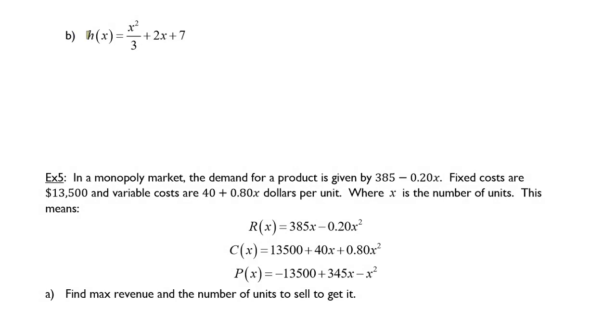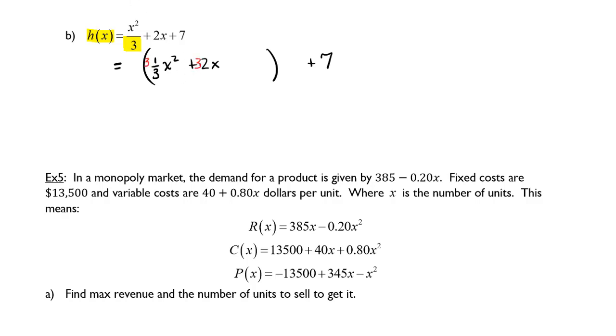Now let's look at example B. Notice that h of x now has a 1/3 in front of the x squared. So our function is h of x equals x squared over 3 plus 2x plus 7. I'm going to group the 1/3 x squared plus 2x separate from the plus 7. Then I need to undo this 1/3 in front of my x squared.